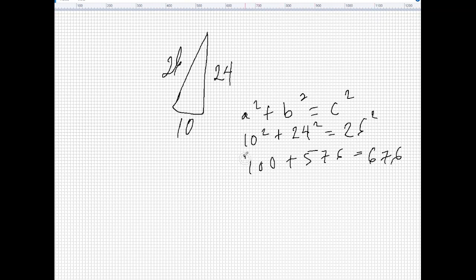We can see that 100 plus 576 equals 676, which means that the Pythagoras theorem relationship is valid here, and thus this triangle is a right angle triangle. Now we're going to do another exercise where we have to prove if the triangle is a right angle triangle or not.